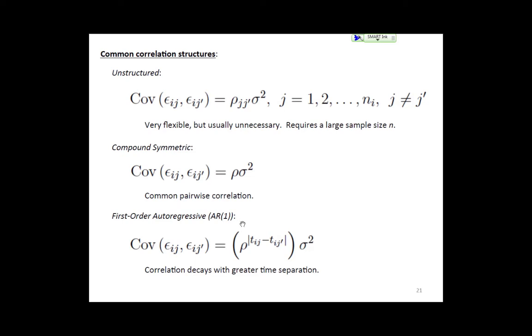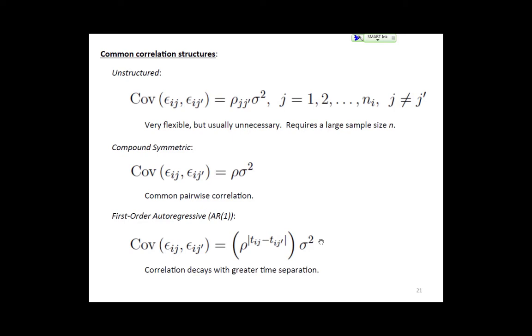Another alternative that arguably makes sense a lot of the time in time course and or spatial applications is one where we allow for the correlation to be strongest for time points that are closest to each other, or for locations that are closest to each other, but then to tail off the further away you get.